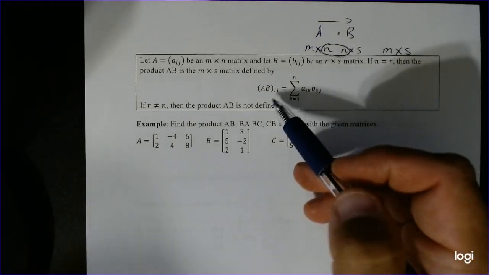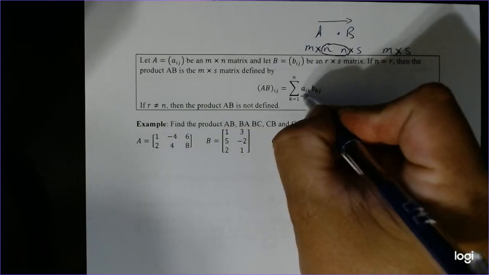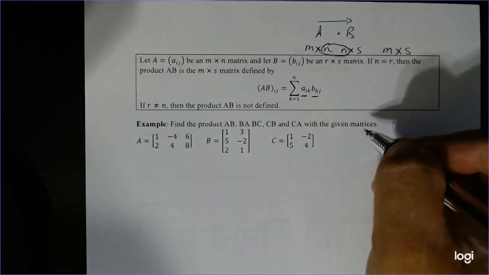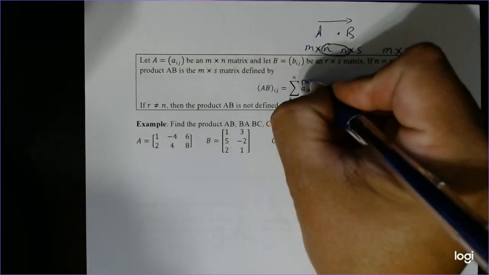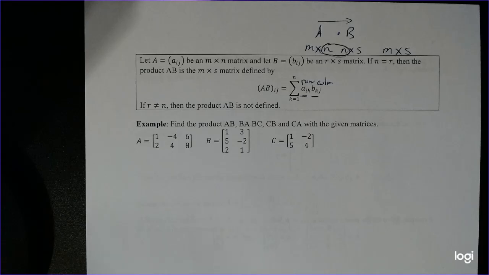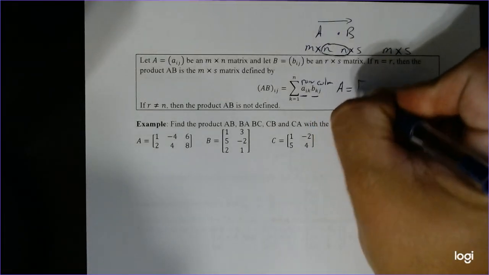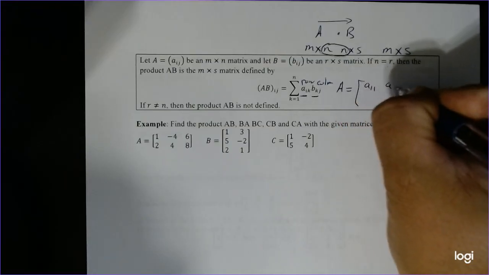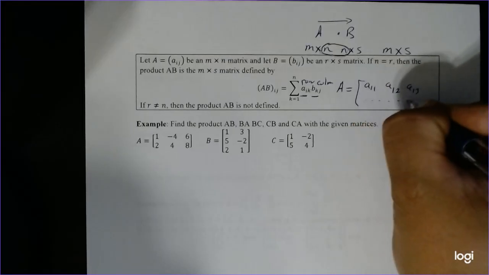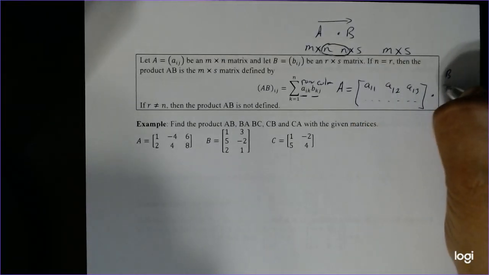So each entry of AB is the sum of A's row times B's column. Okay? So this is the row, and this is the column. You're wondering, what in the world is that talking about? What does it mean? So, I'll give you guys a simple example. Let's suppose this is matrix A, and this is matrix B here.